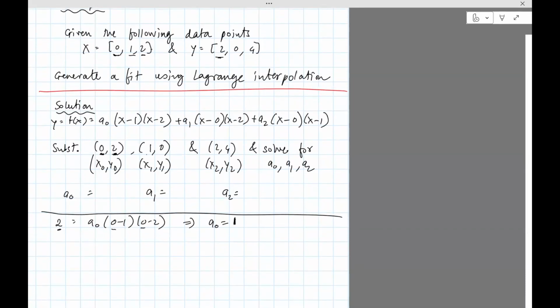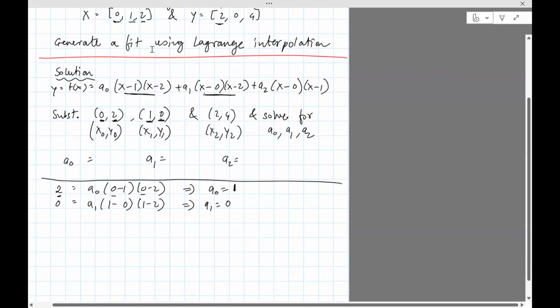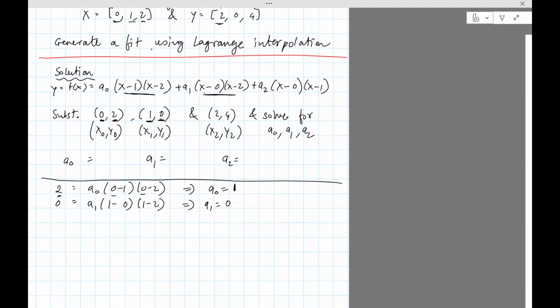Next we have x equals 1, y equals 0. Clearly this first one will be 0. Let's look at the second one. So y is 0, x should be 1, 1 minus 0, 1 minus 2. Has to be 0, right? And then the last one is x is 2, y is 4.